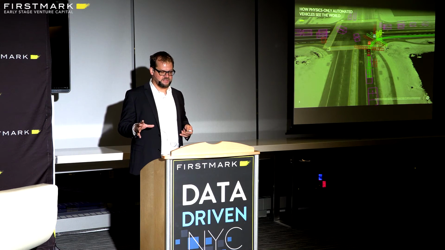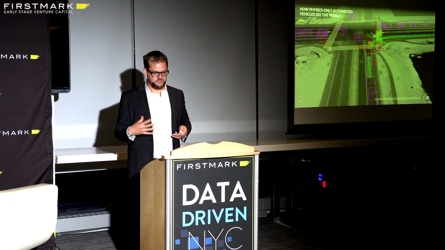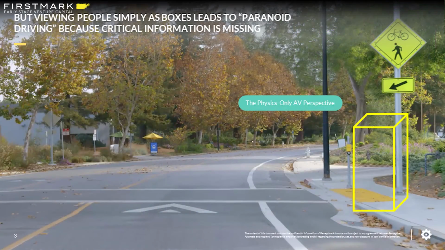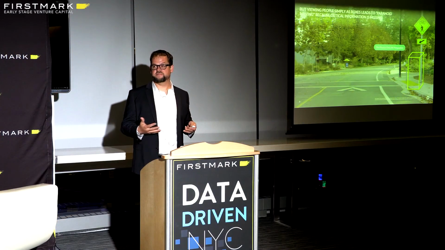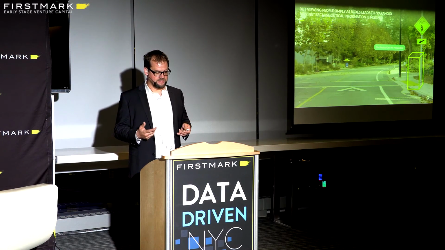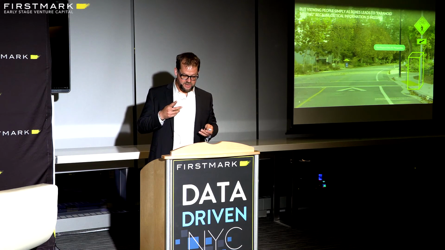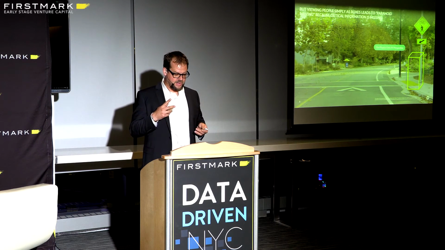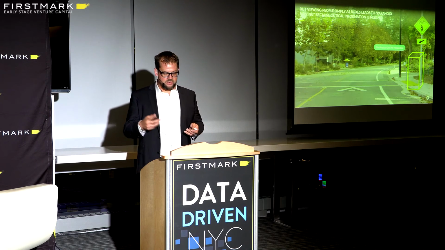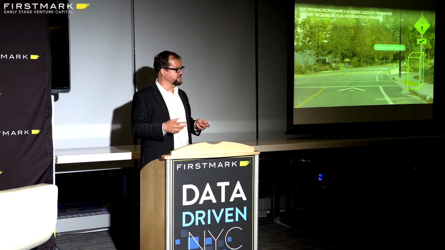I'm going to superimpose this view on a real scene. So here's a real scene where we've mocked up how an autonomous vehicle would see it. That yellow box means that's a pedestrian. You can tell that there's a crosswalk there, and that the pedestrian is not in the street.